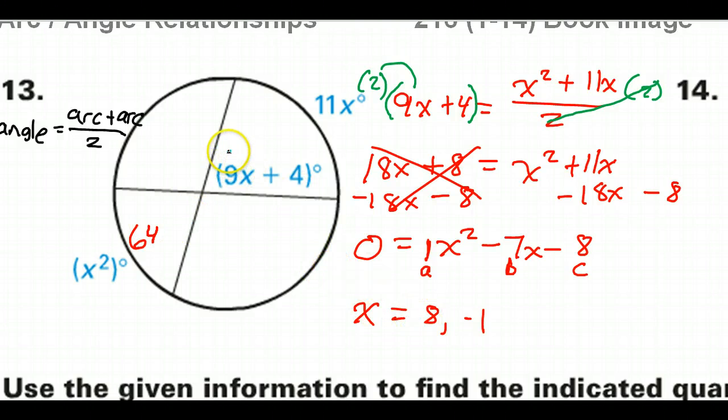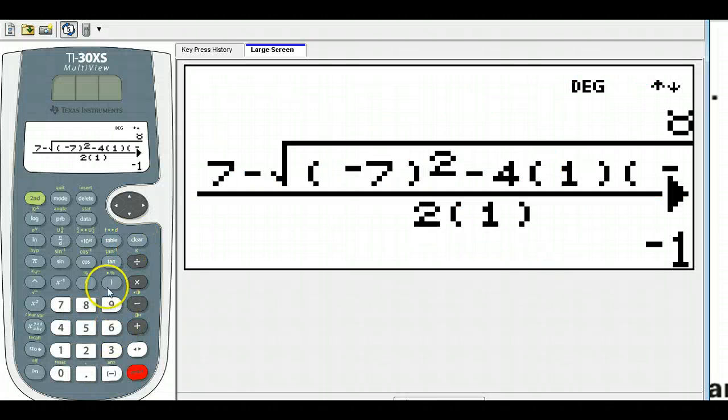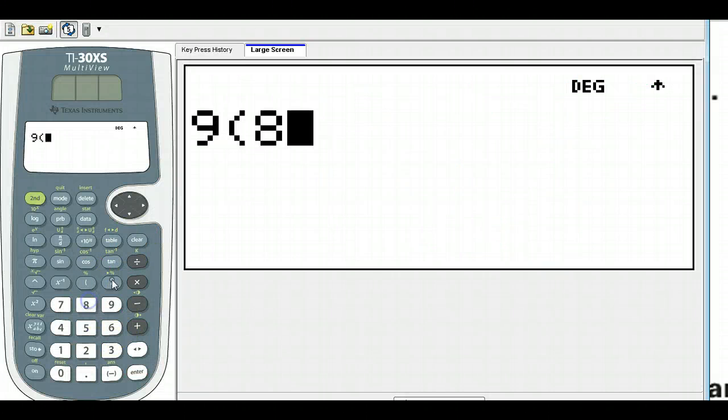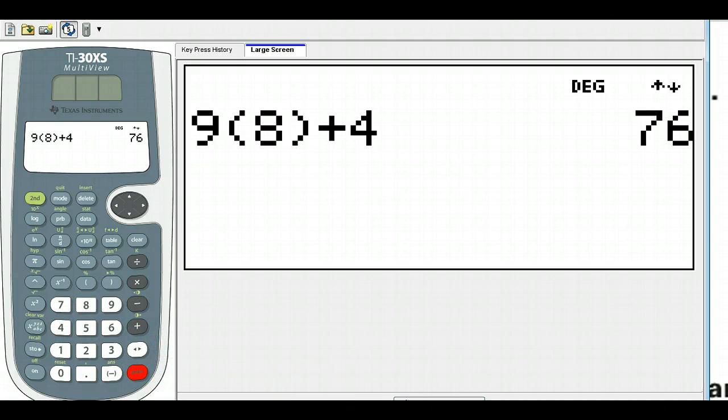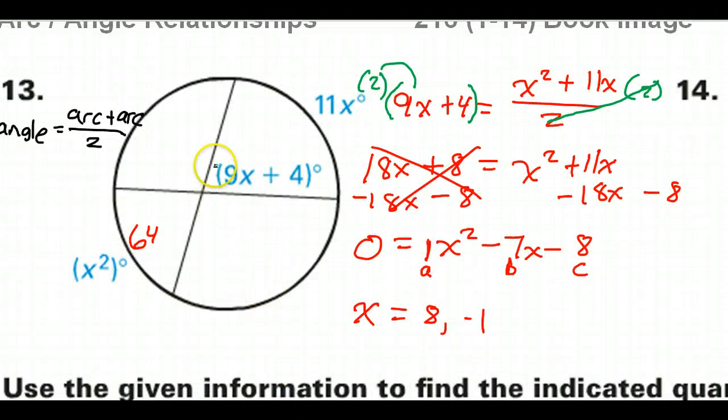If x is 8, then that makes this 9 times 8 plus 4. So that's 76. So this arc would be 64, and this angle would be 76, and this arc over here would be 11 times 8, so that would be 88.